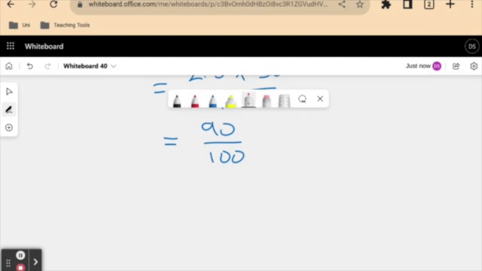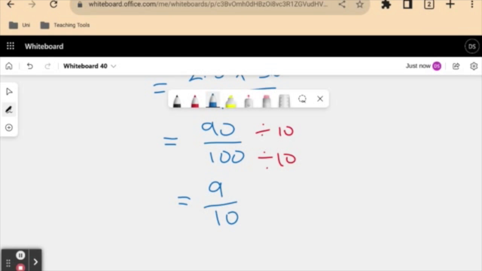Let's leave this as a fraction, but simplify it a little bit. Now, there is a factor of 10 in both numerator and denominator. So I can divide the top by 10 and the bottom by 10 to give me a smaller equivalent fraction, to give me this fraction in its simplest form. And I'll be left with 9/10.